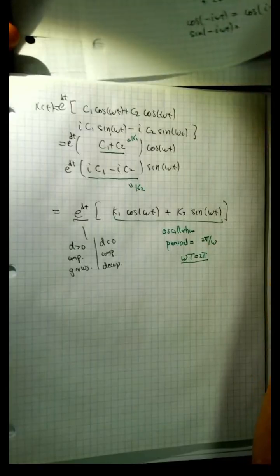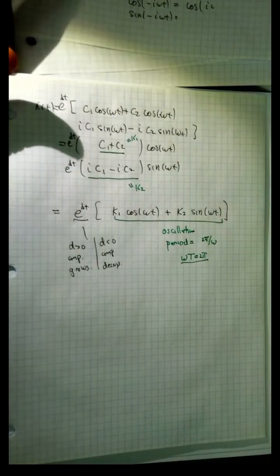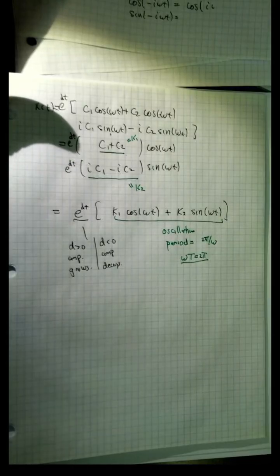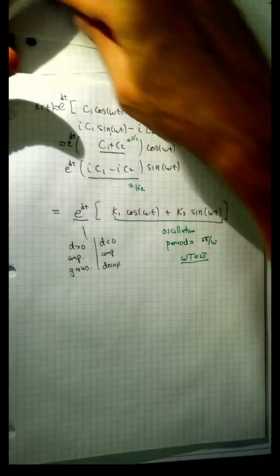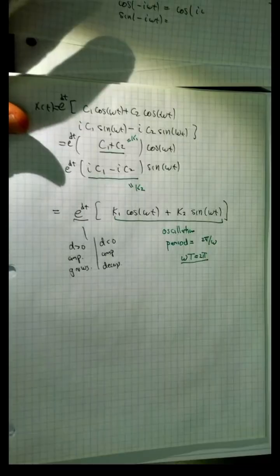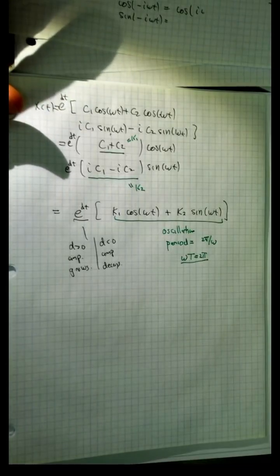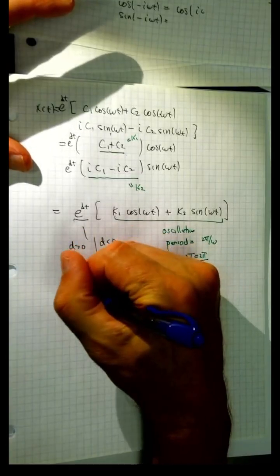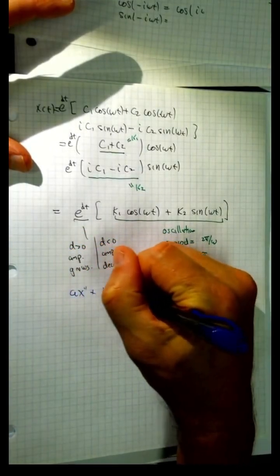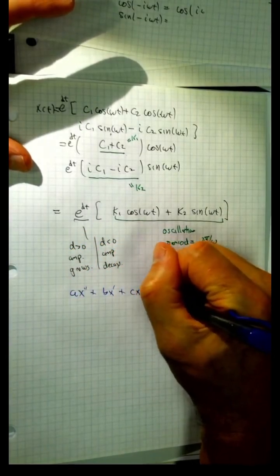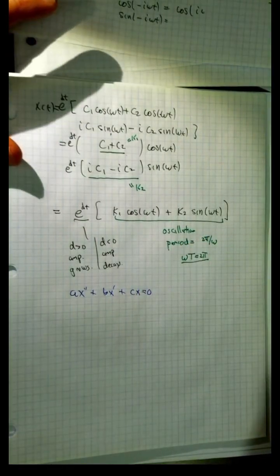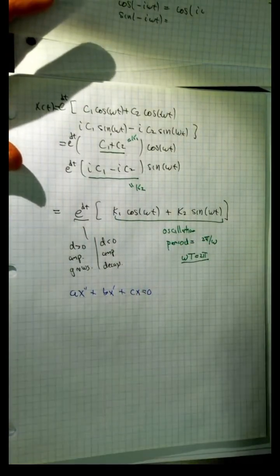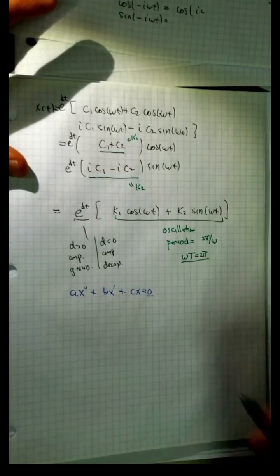Okay. So, what's going to happen now in practice is that we're going to have a x double dot plus b x prime plus c x equals 0. A, b, and c are constants, so it's constant coefficient, it's linear, and it's homogeneous because of the 0.